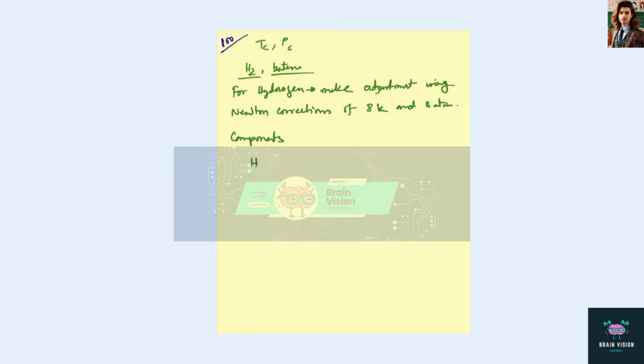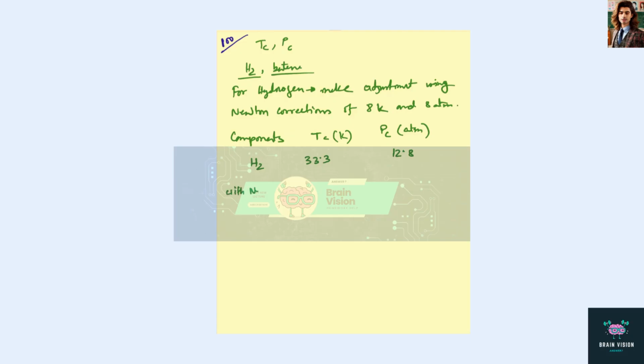Now the components are hydrogen, which has a critical temperature of 33.3 Kelvin and a critical pressure of 12.8 atm.